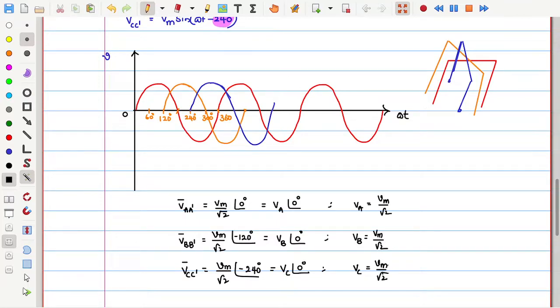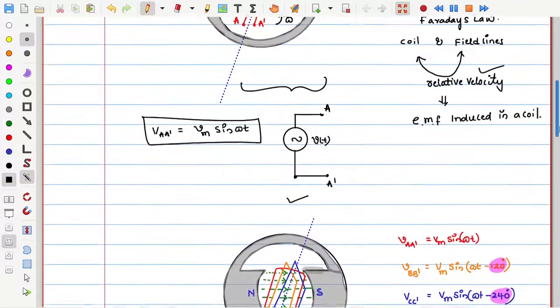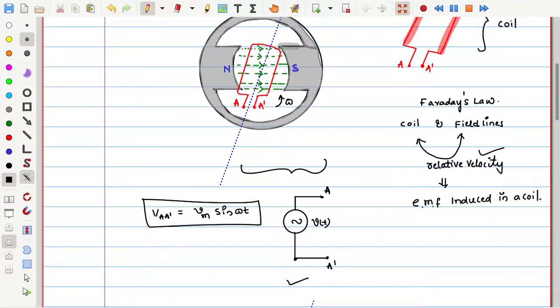Now let us see the interesting thing. If we have one coil like this, that is responsible for producing one induced EMF. So we call this a single phase system.